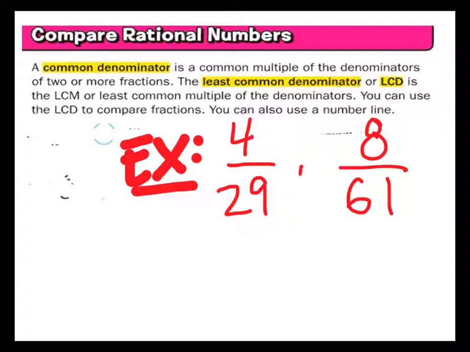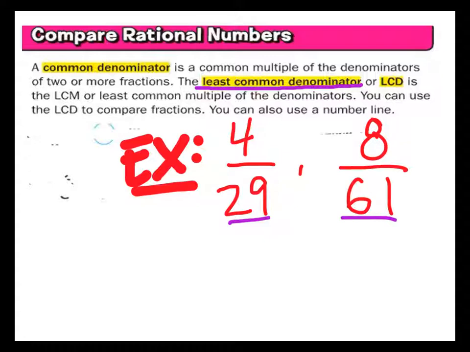All right, if we were to compare these two numbers, what we would do to find common denominators. This is very important, you guys, to remember, because it's one of the easiest ways I know to find a common denominator. Now, some of you are thinking already that you want the least common denominator. That's going to be very difficult with these two large numbers, 29 and 61.